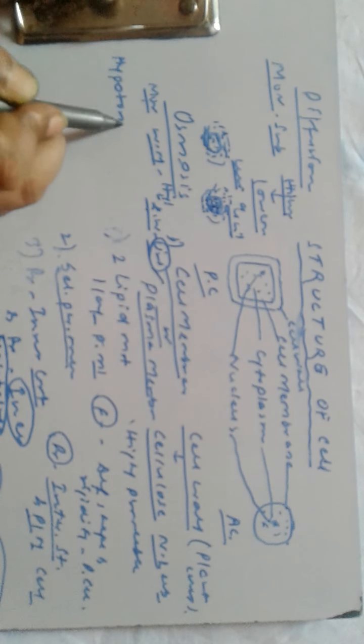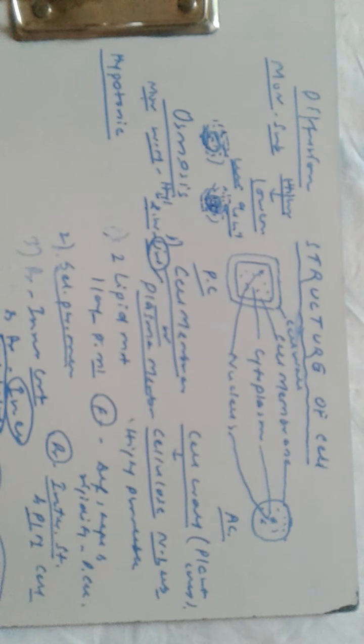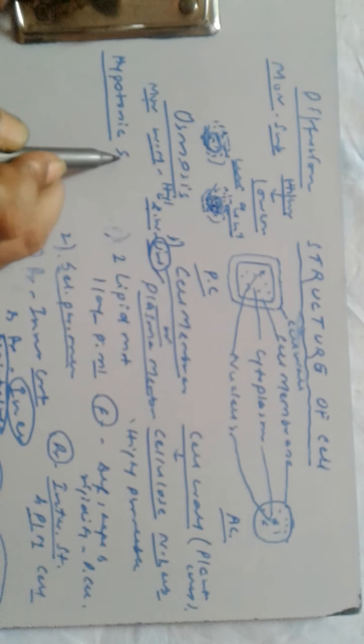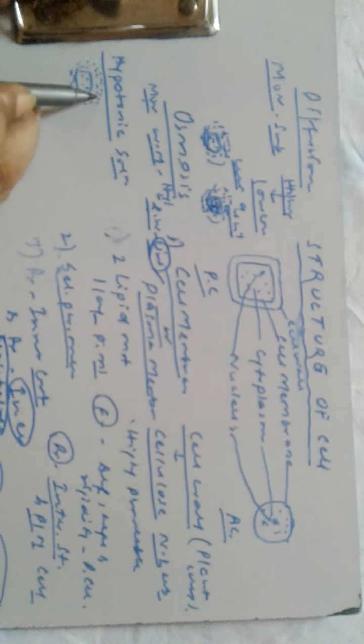Let us discuss three types of solution: hypotonic, hypertonic and isotonic. What is hypotonic solution? It's the solution in which the medium surrounding the cell has higher concentration than the cell. As a result of that, what will happen?